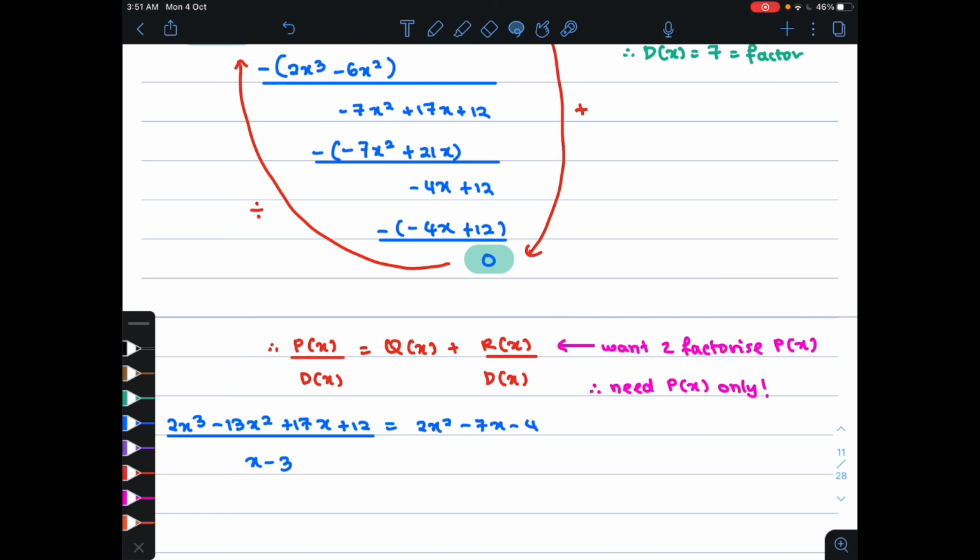Note that we want to factorize p(x), so we only need p(x). Eliminate x minus 3 by multiplying everything with x minus 3.